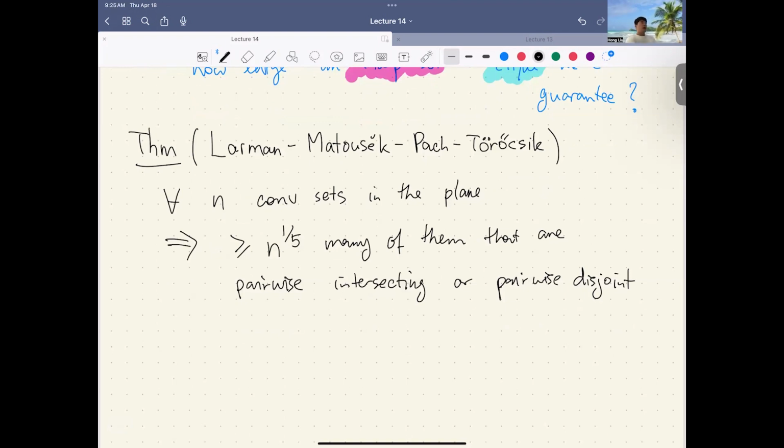And what about the upper bound? Upper bound means there exists an intersection graph of n convex sets in which we don't have a really large independent set or clique number, right?